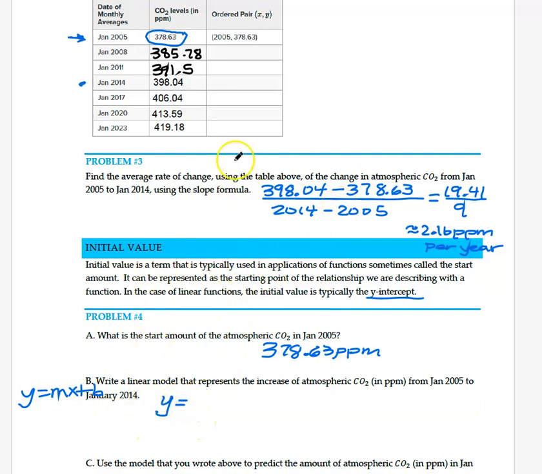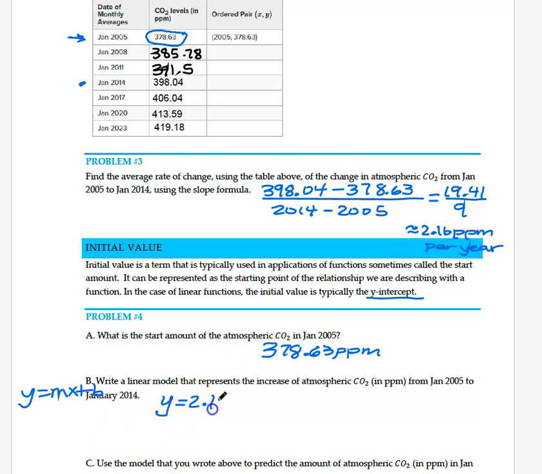So y is the levels of CO2 during a given year, right? x is going to be the years, and y is going to be the total amount of CO2. We found that slope to be 2.16, so let's put that here.